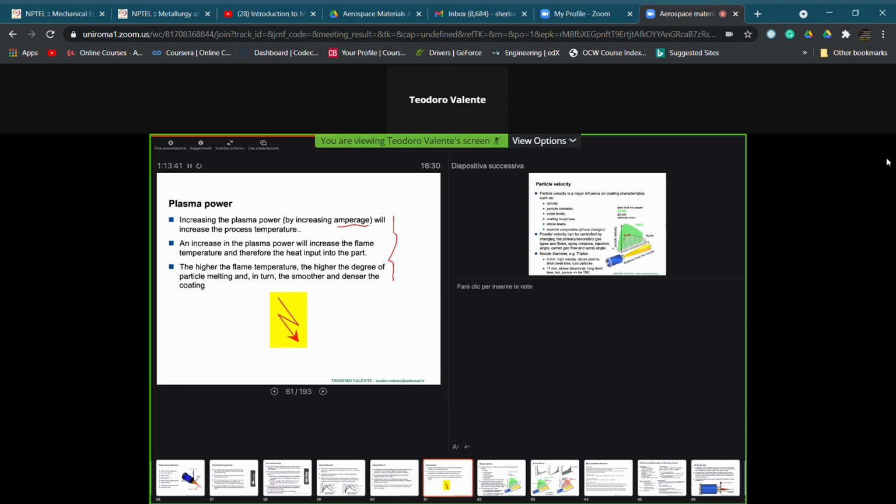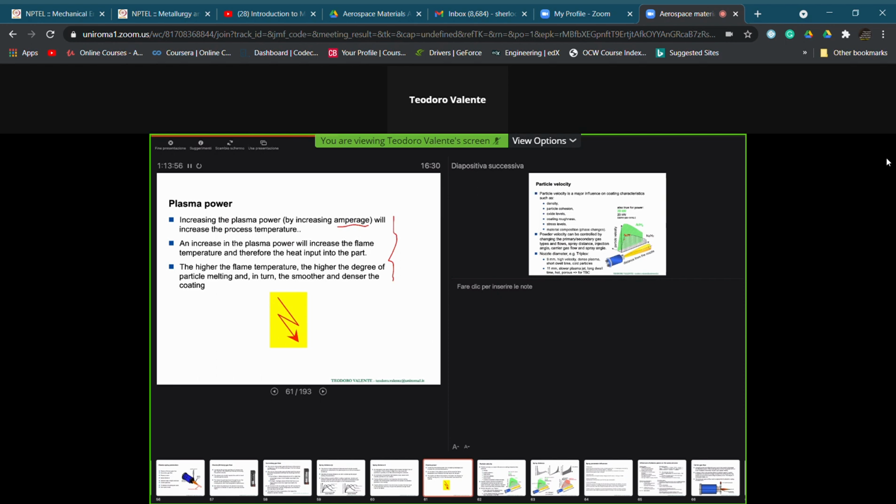The other part is power loss, and this affects obviously the cost of the spraying process and the cost of the manufactured object.